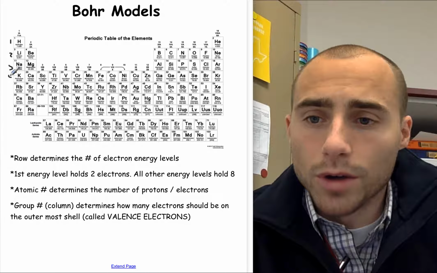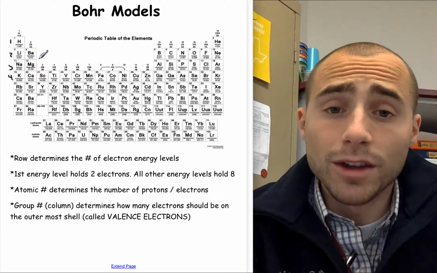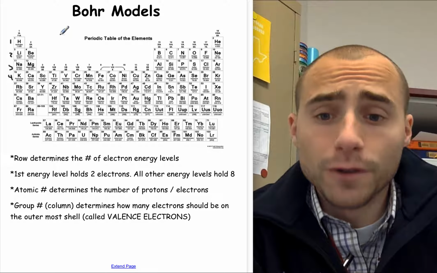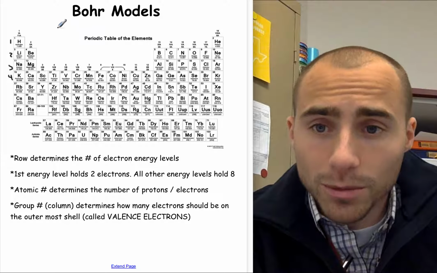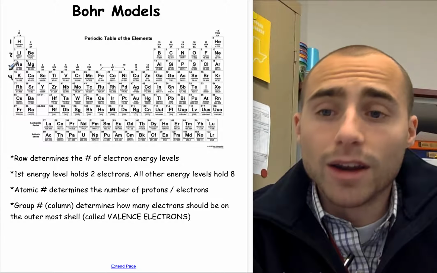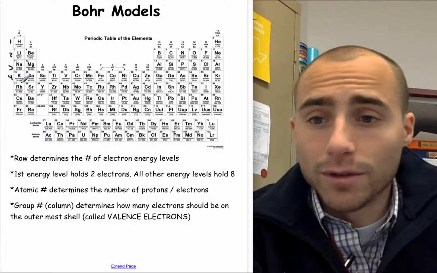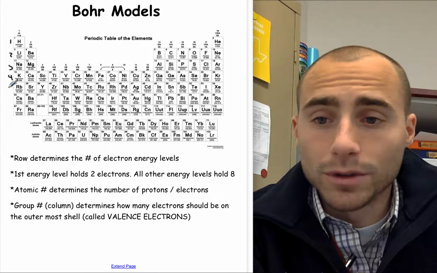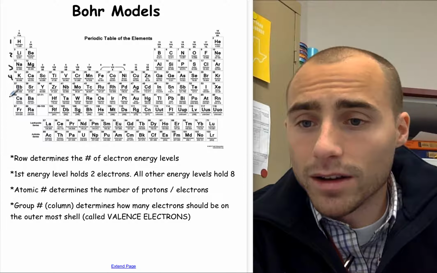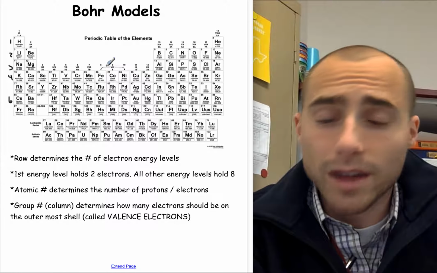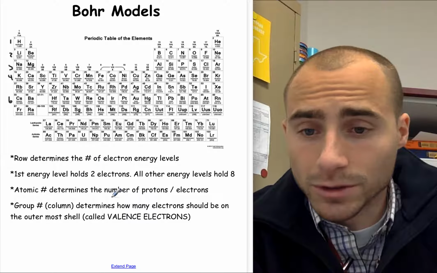And that row number is going to tell you how many energy levels you need to draw. So you'll have your nucleus first, and then you'll draw a certain number of energy levels based on whichever row it's in. So if I had sodium right here, I know I would need 3 energy levels. If I had potassium right here, I know I would need 4 energy levels. If I had cesium down here, I would know I would need 6 energy levels. And so that is how you determine the number of energy levels.